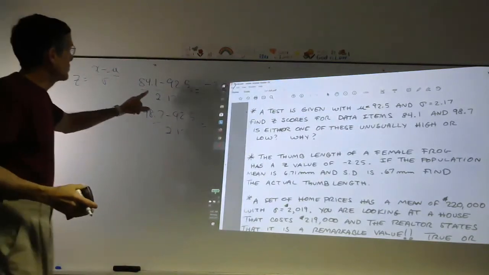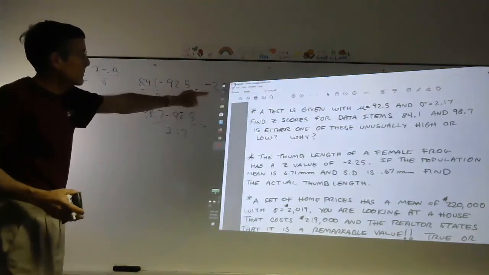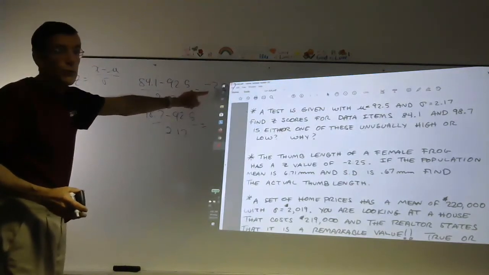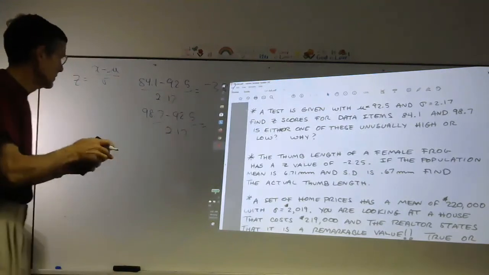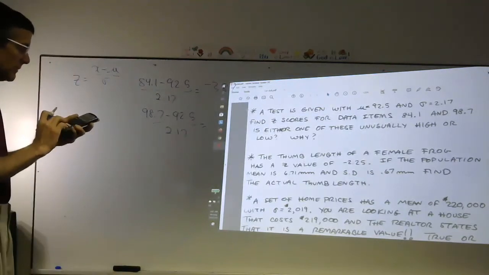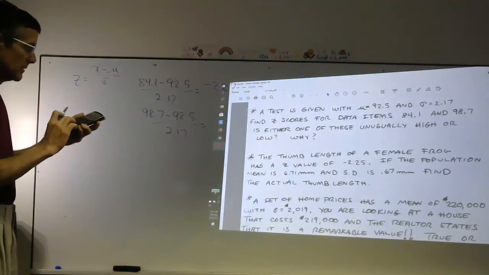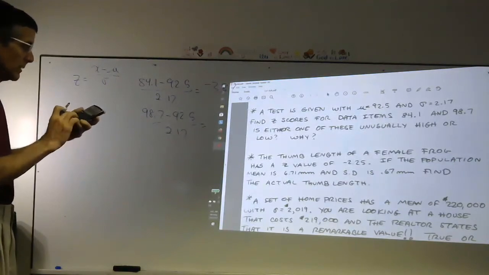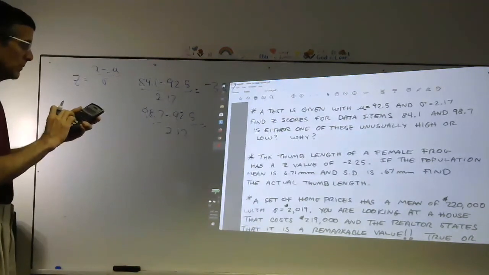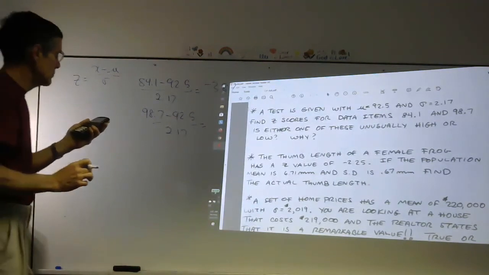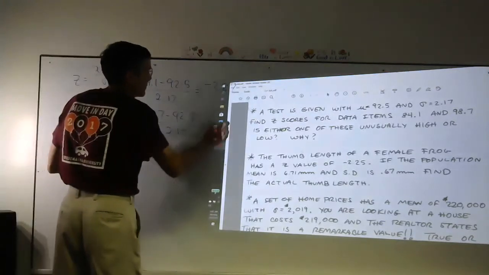Now that means 84.1, remember, is almost 4 standard deviations below the mean. Okay, let's do this one. 98.7 minus 92.5 equals, make sure you hit equals, divided by 2.17 equals 2.86.